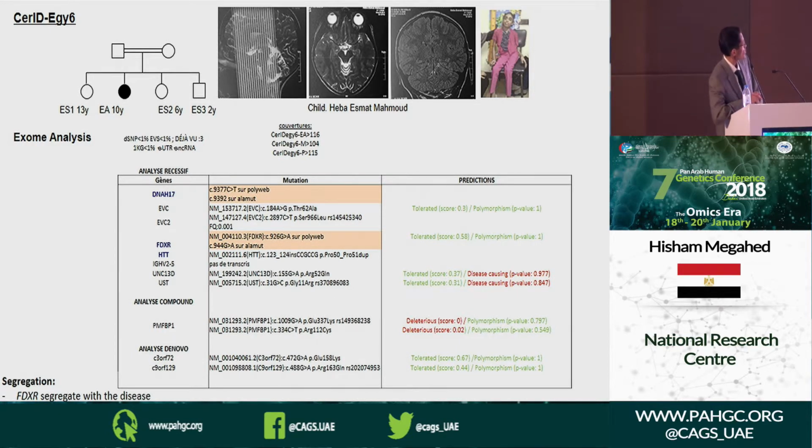This is her MRI, and 3 genes were generated by the whole exome sequencing, DNAH17, FDXR, and HTT, but only FDXR segregated.